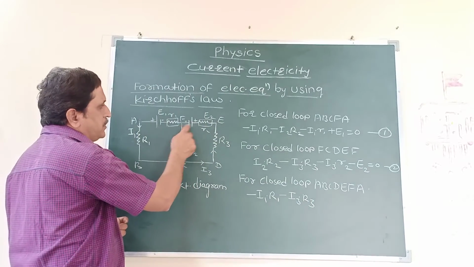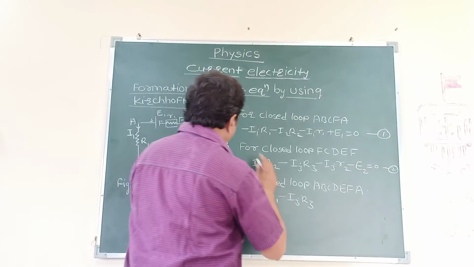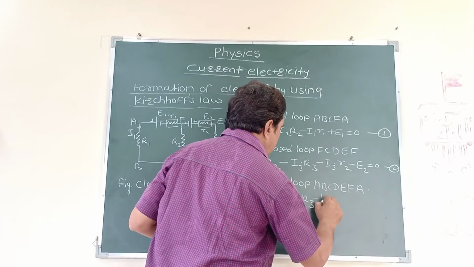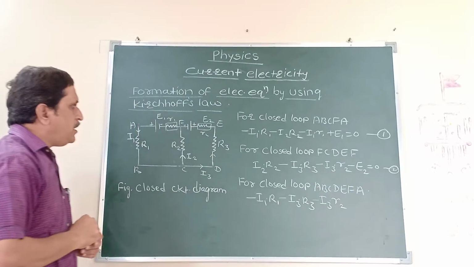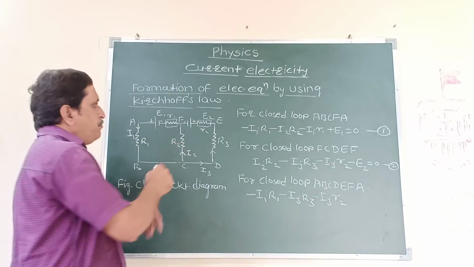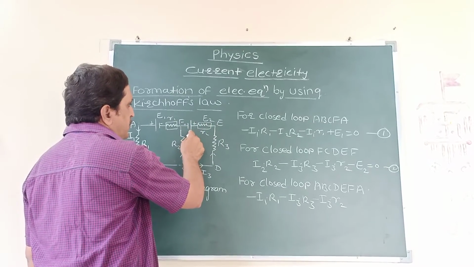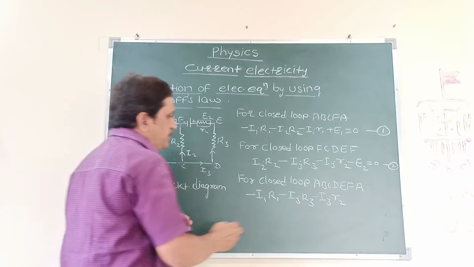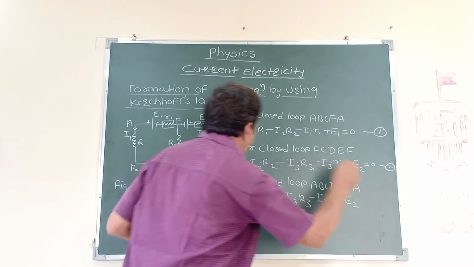For this path, current I3 and resistance R2, again that is negative. That means I3 small r. Now, EMF of this cell should be negative because loop is tracing from E to F. This cell sends current from F to E, and therefore here EMF of this cell is negative.